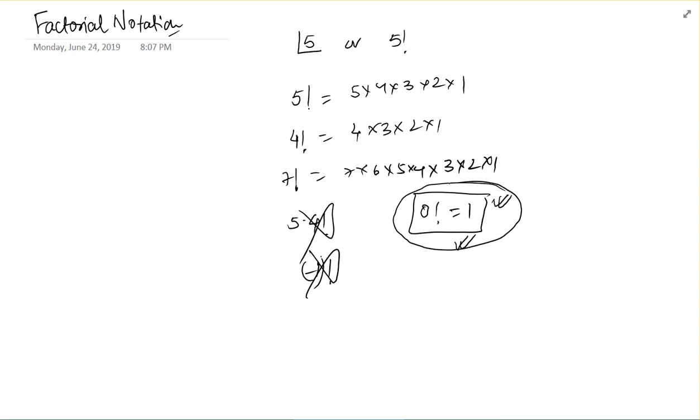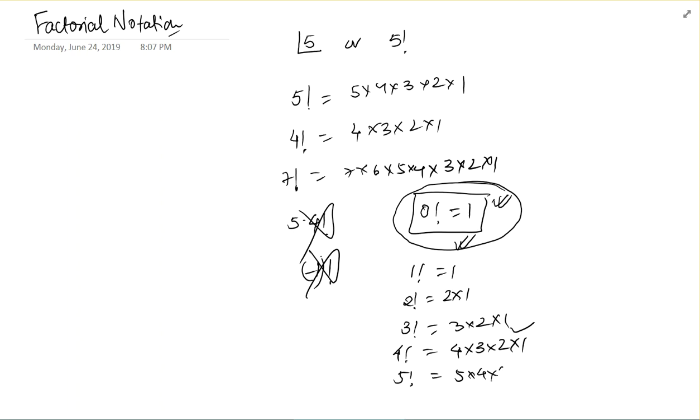Okay, and then 1 factorial is simply 1, 2 factorial is 2 into 1, 3 factorial is 3 into 2 into 1. 4 factorial is 4 into 3 into 2 into 1. 5 factorial is 5 into 4 into 3 into 2 into 1. 6 factorial is 6 into 5 into 4 into 3 into 2 into 1.